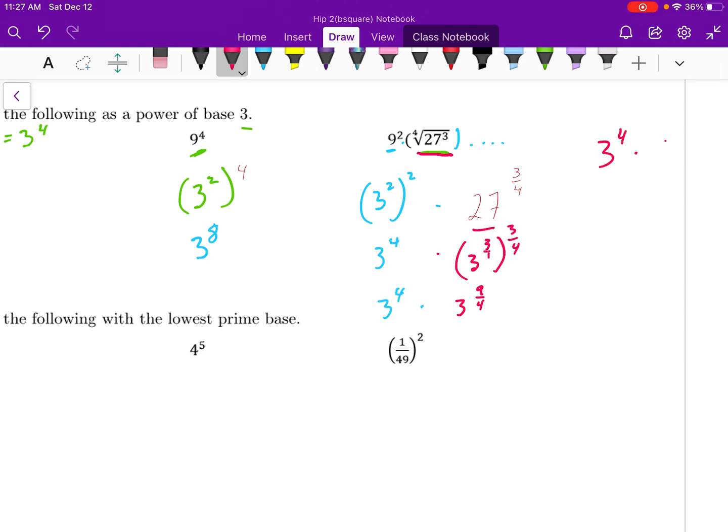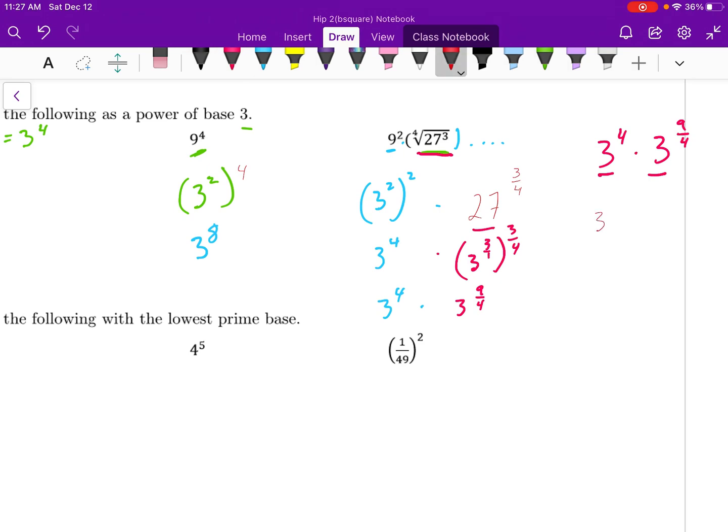So I'm just going to rewrite this up here because this is not very nice whatsoever. 3 to the power of 4 times 3 to the power of 9/4. Now, I'm going to use the product of powers rule, whereas provided that the bases are the same, which they are, we're simply going to add the exponents.